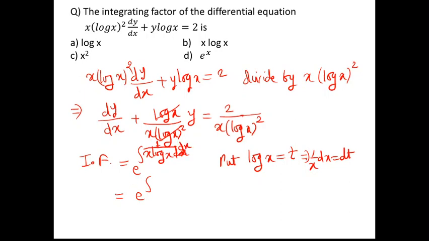So 1 by x dx is dt and 1 by log x is 1 by t, so 1 by t dt. Now what is the integration of 1 by t? It's log t, as per the formula. So e raised to log t gives you simply t.